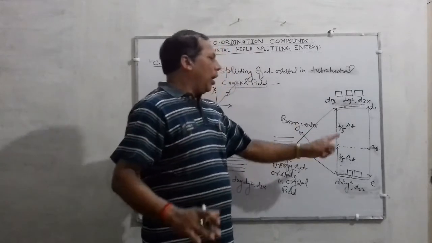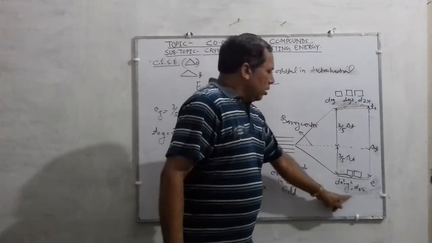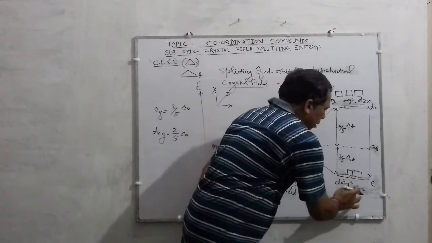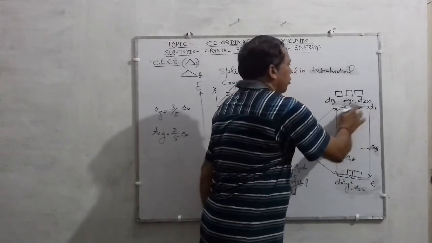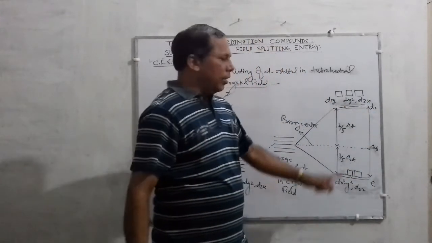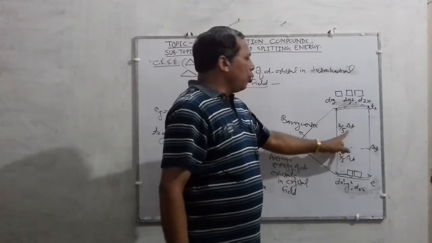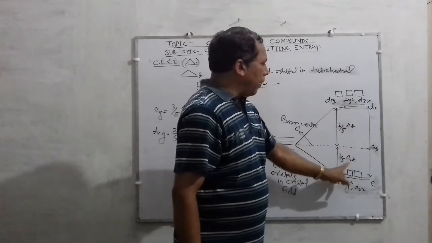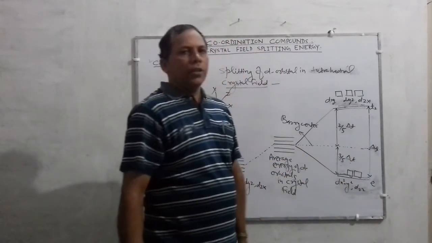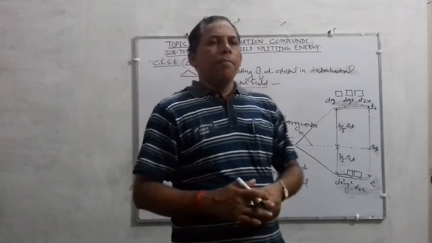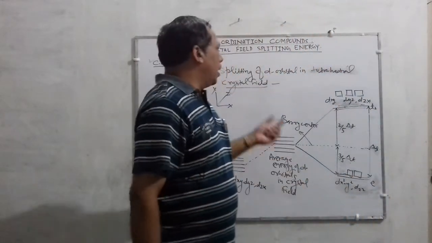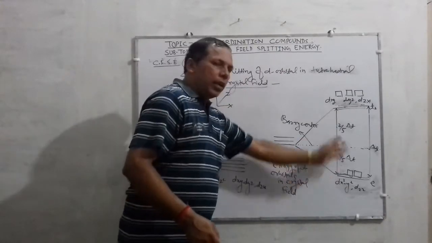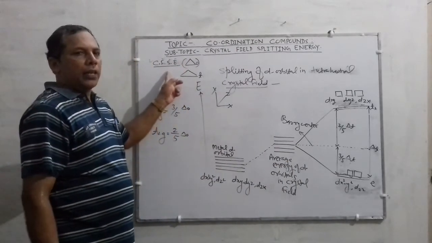The E set shows dx² − y² and dz², and T2 shows dxy, dyz and dzx, and their energy changes will be 2/5 ΔT for T2 and 3/5 ΔT for E. This is the crucial difference between octahedral and tetrahedral splitting of d orbitals, and the difference between these energies is called the crystal field splitting energy.